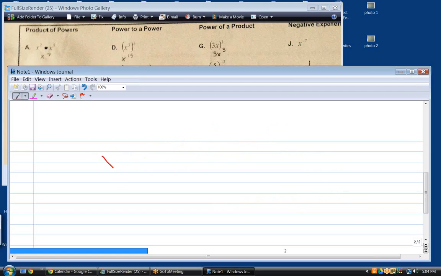What does a negative exponent mean? It doesn't have anything to do with negative numbers. Most people cannot get away from that thought that it has to be a negative number. It does not, because all it means is the reciprocal.